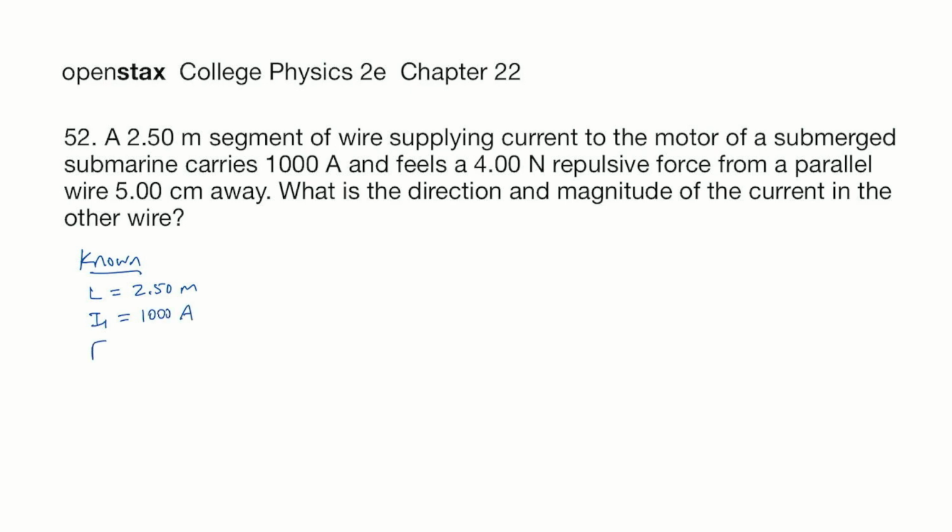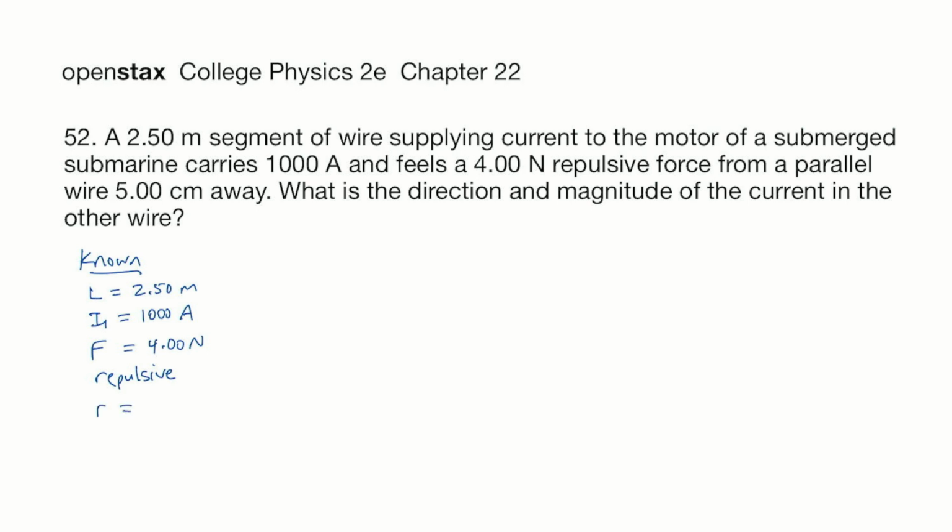We know the magnetic force on I1 is 4.00 newtons. It is repulsive. This means that the other wire is in the opposite direction. You can see my video that answers why this is the case. But we do know the direction.